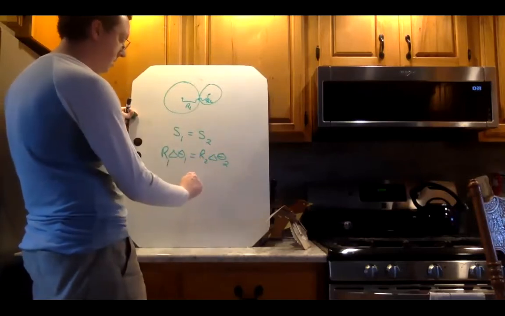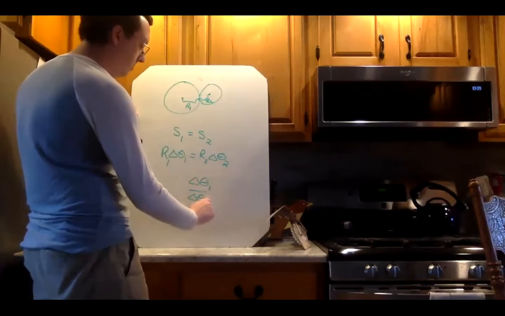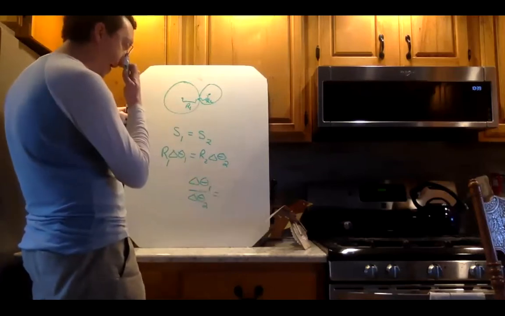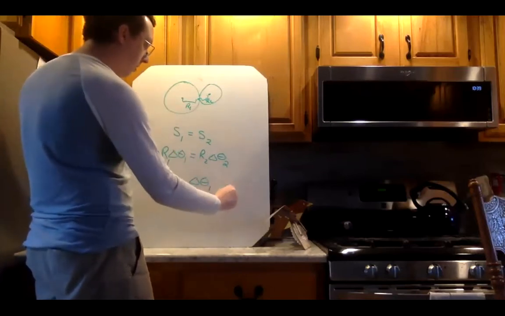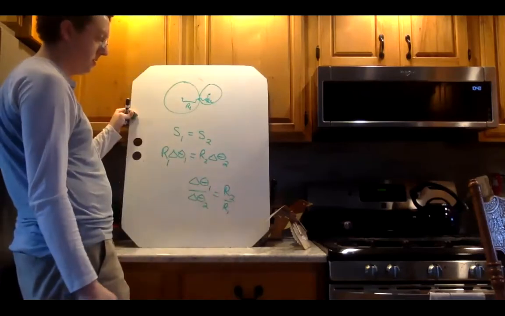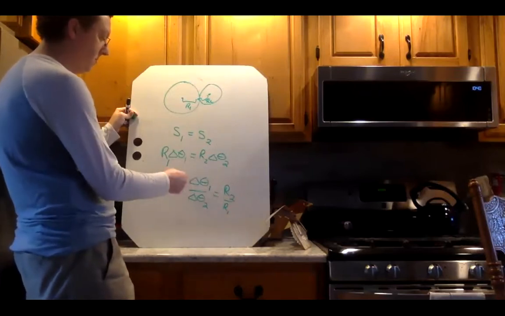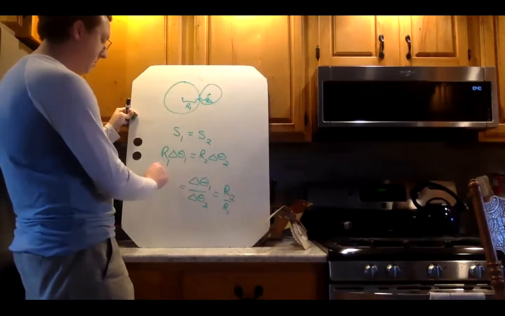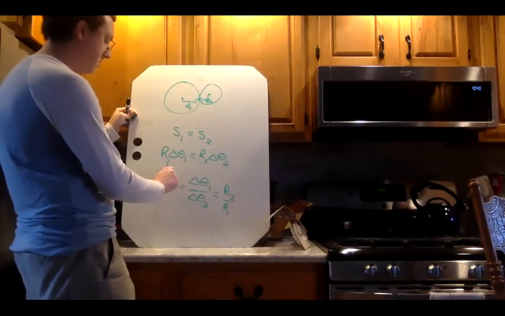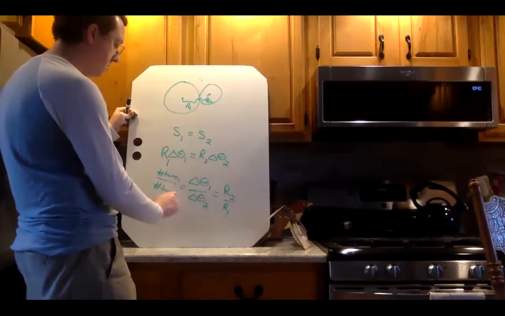It just tells me that the change in theta of 1 over the change in theta of 2 is going to be R2 over R1. Okay, and that's just going to be up to a factor of 2 pi. That's just the number of turns 1 over number of turns 2.